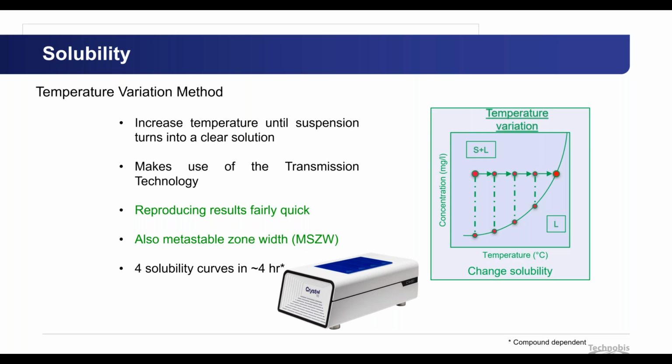In a few hours, you can get not only one solubility point, but multiple points, a temperature-dependent solubility curve, and implicitly you also have information about the metastable zone width and the supersaturation curve of your compound, only in a few hours.